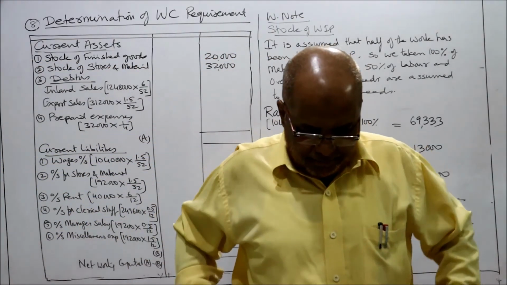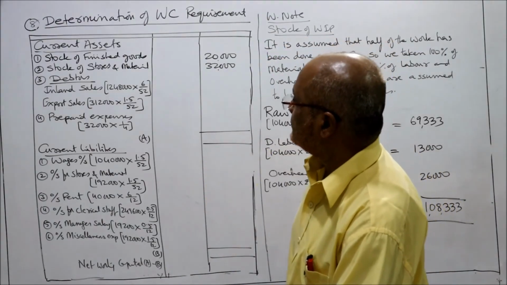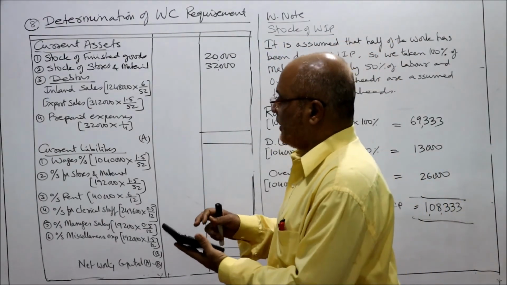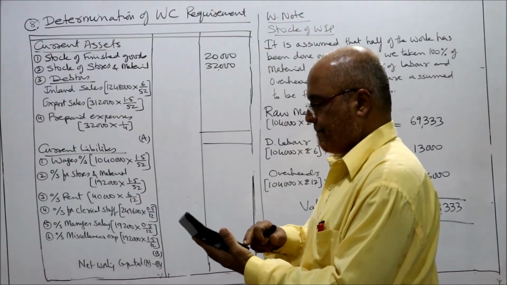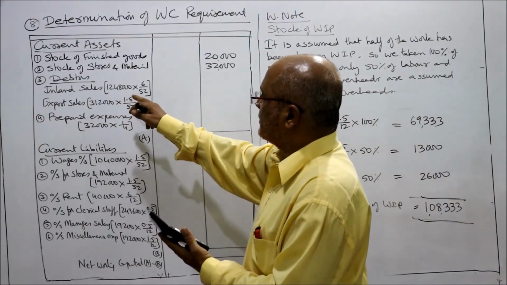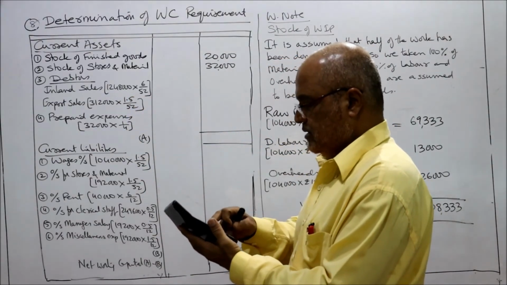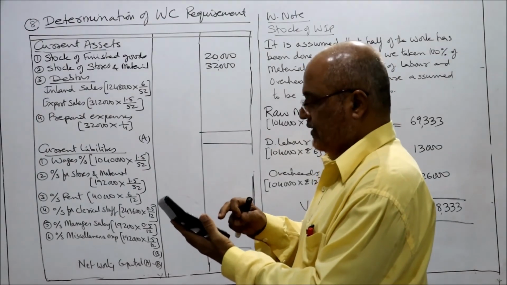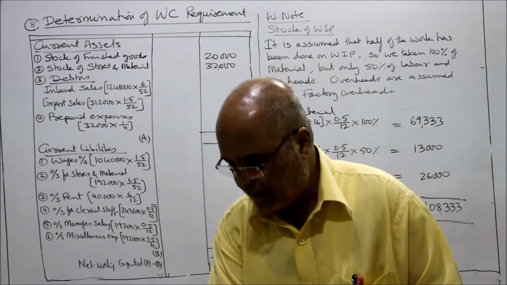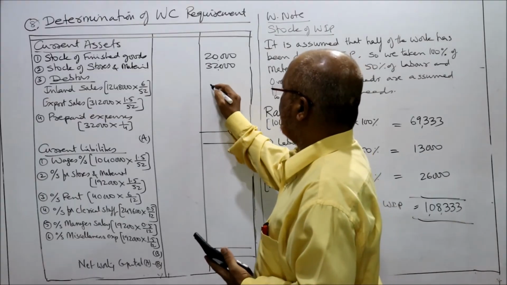So now we'll take 12,48,000 into 6 divided by 52. That comes to 1,44,000.